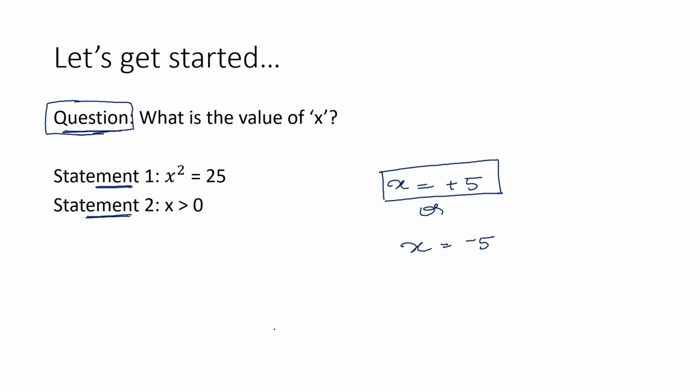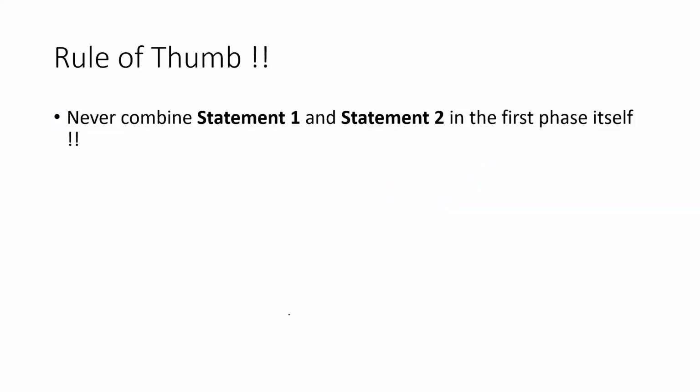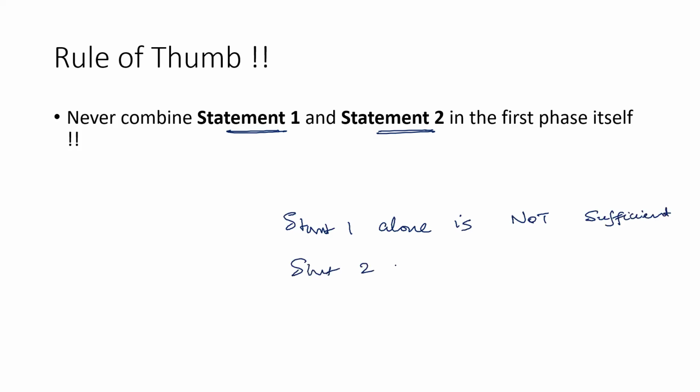That's all. So one main rule of thumb is that never combine statement 1 and statement 2 together in the first phase itself. Please remember, you have to combine statement 1 data and statement 2 data when and only when you are sure that statement 1 alone is not sufficient, and in the same way, statement 2 alone is not sufficient.